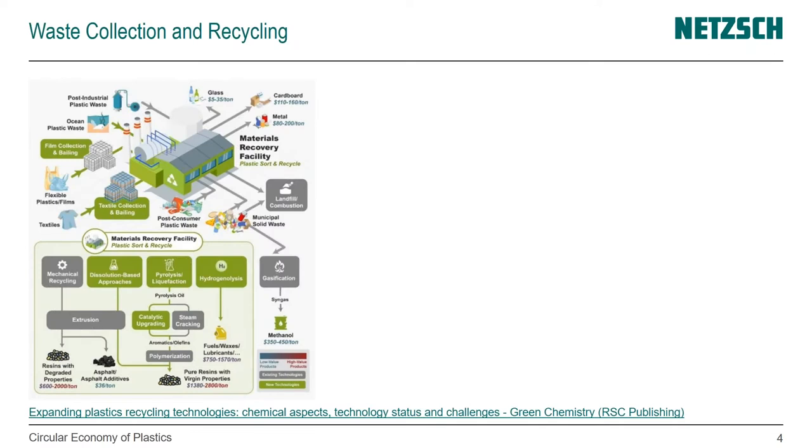So I took this graph from a recent publication from some of my former colleagues at the University of Wisconsin-Madison. It's a review, 100 pages, dealing with the current state of recycling and focusing a lot on chemical recycling, which we won't talk in detail about today. But you can see at the very top really what all goes into a materials recovery facility and what you can do with it.